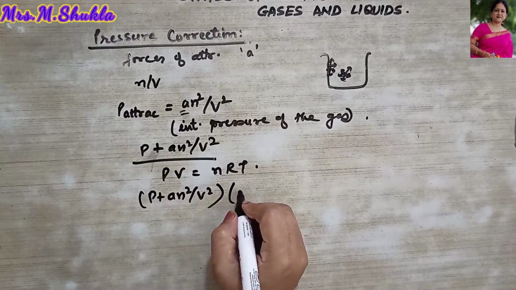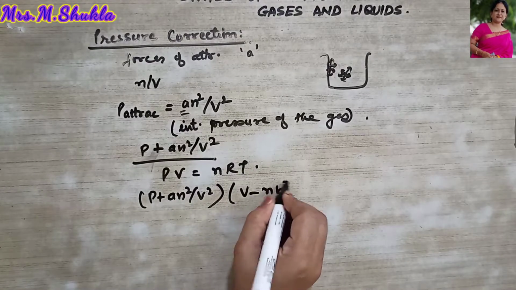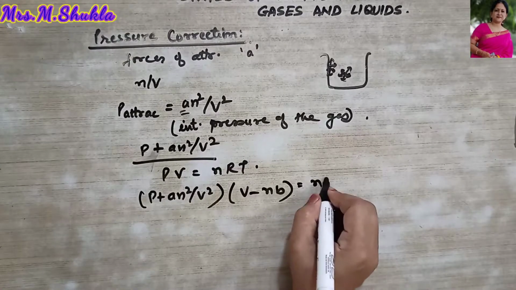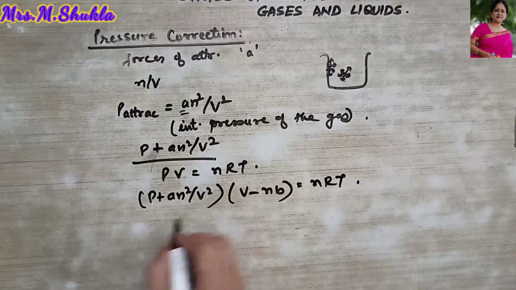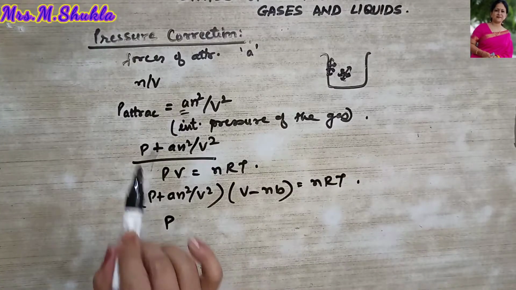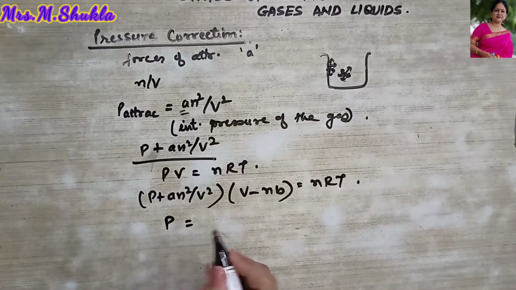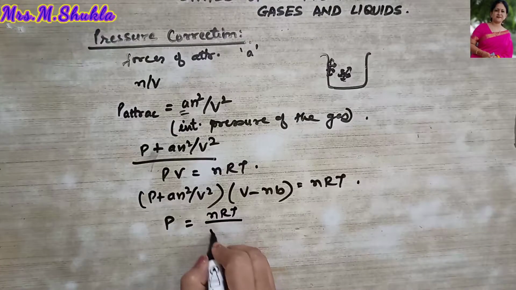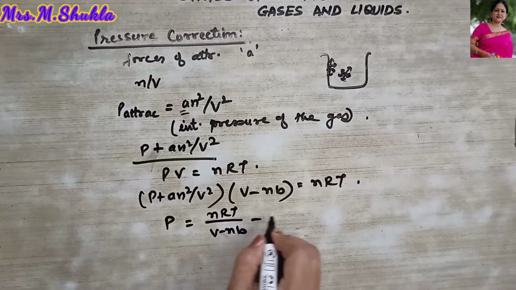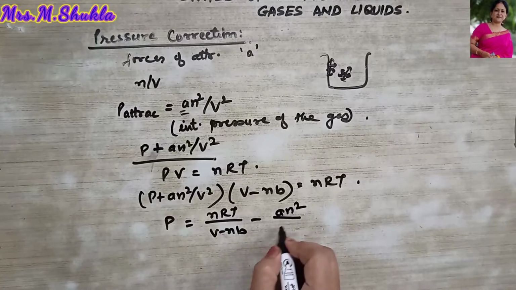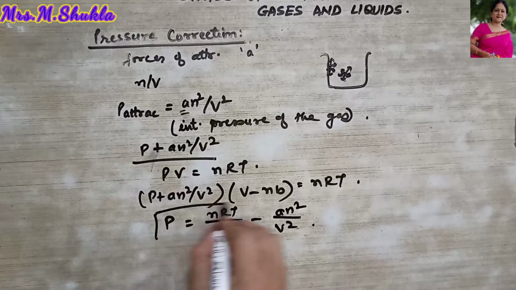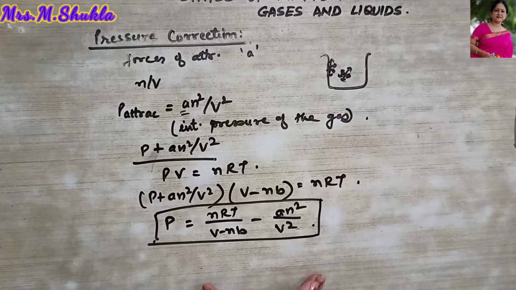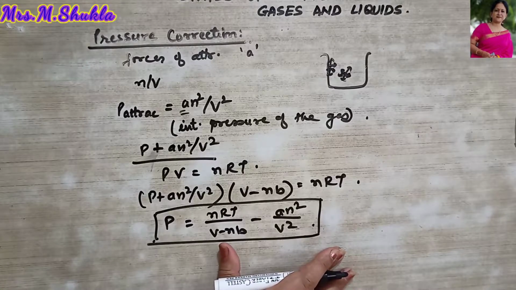What was your V? V was V minus nb. This was the corrected volume. This is equal to nRT. Therefore, your final pressure, the pressure correction, should be written as P = nRT/(V - nb) - an^2/V^2. This is your corrected pressure. I hope this is very clear to all of you.